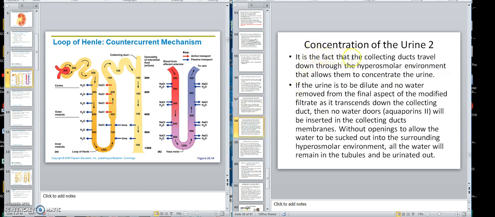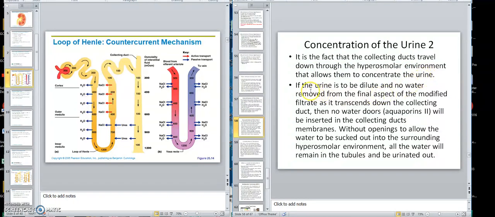It is the fact that the collecting ducts travel, see here, down through the hyperosmolar environment. Look how the collecting ducts have to come down. They travel through that hyperosmolar environment because, remember, the collecting ducts come together and make a papillary duct. So the flow has to be going straight down through this hyperosmolar region, which allows them to concentrate the urine.